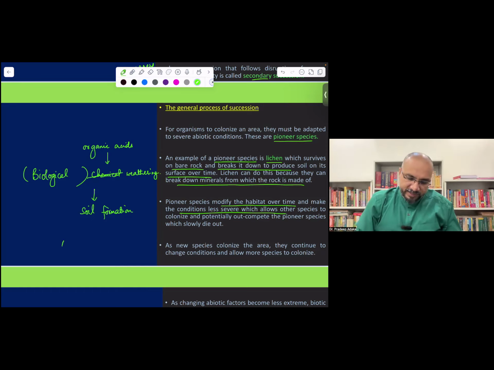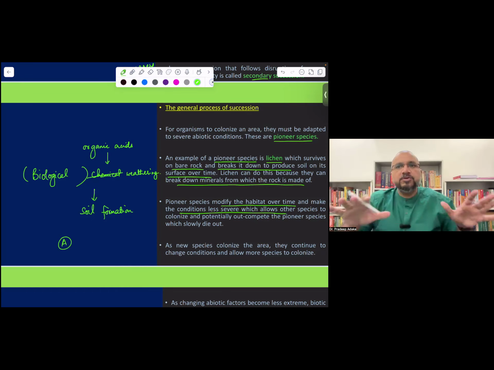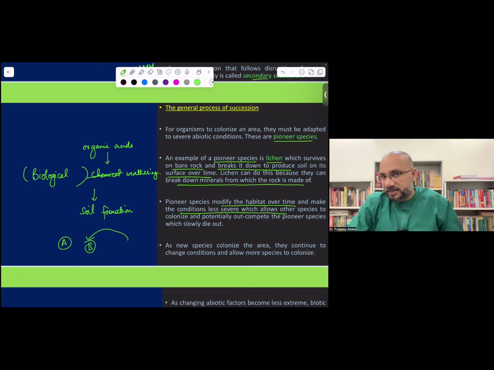So ये species, तुम्हारा lichen जो है, ये environment को change कर रहा है, so that it makes the environment more amicable or more comfortable for another species B to come and occupy this area. Now once B comes in, it outcompetes A. ये A से ज्यादा nutrients को लेने लगता है, A को outcompete कर देता है, and slowly A will disappear. So B will take over.